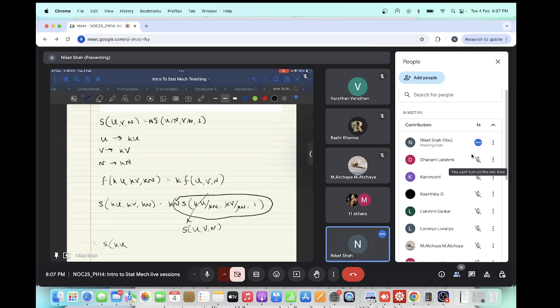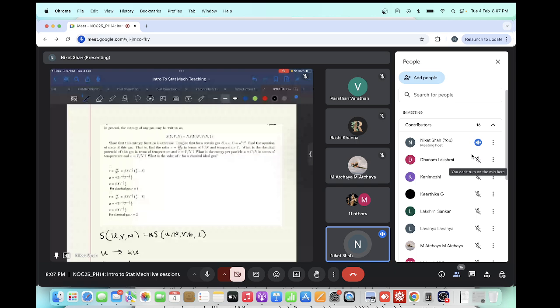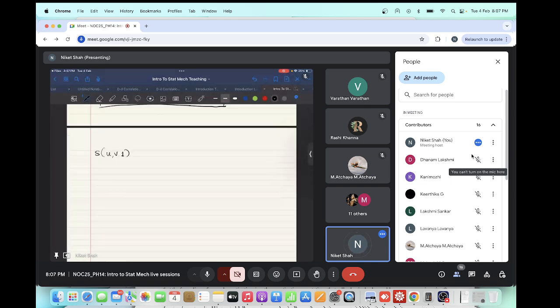Now they are saying imagine that for a certain gas, S of u, v, 1 is u cube v square. Note that all these letters are small alphabets, not capital. When we are saying u, v, 1, u is internal energy per particle and v is volume per particle.